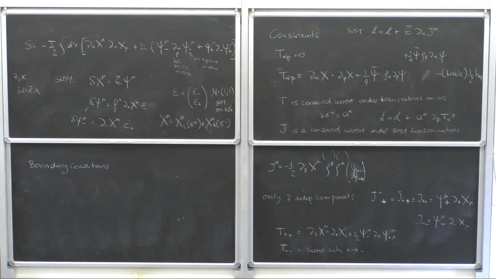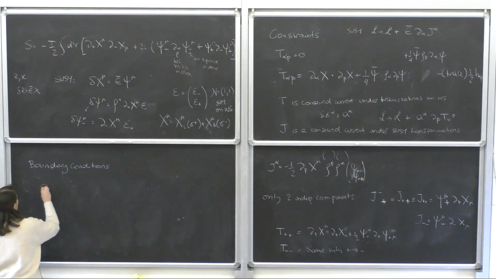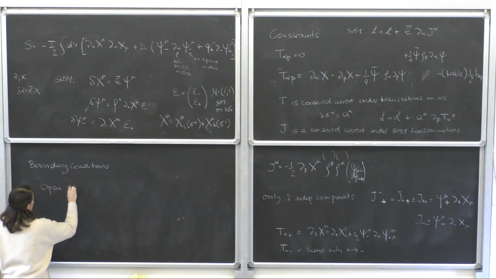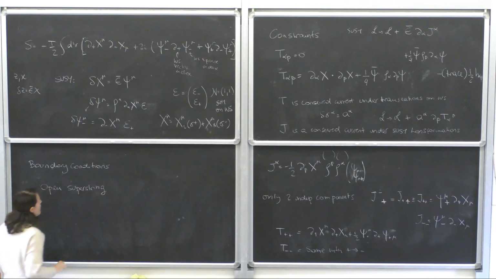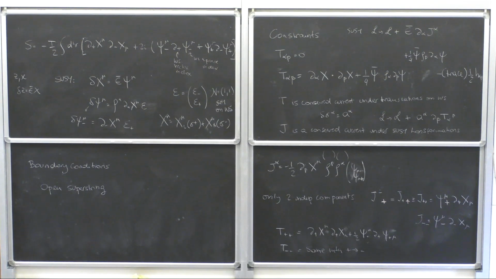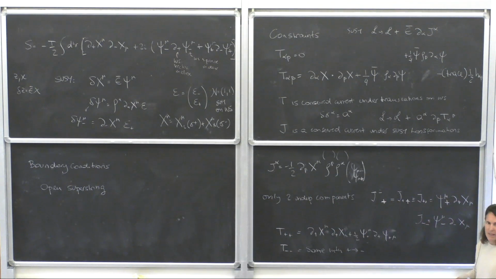Okay, so boundary conditions. How do we get the boundary conditions? For the open string, so I'm going to do the open superstring. I mean, both for the closed and the open, it was easy because we understood the x's as embedding coordinates, and in the open, we know a string has Neumann or Dirichlet boundary conditions.